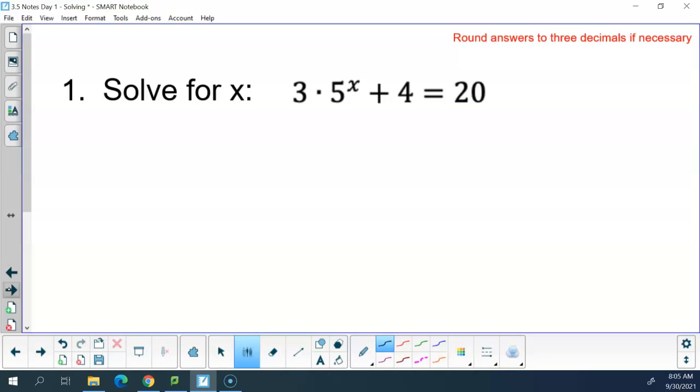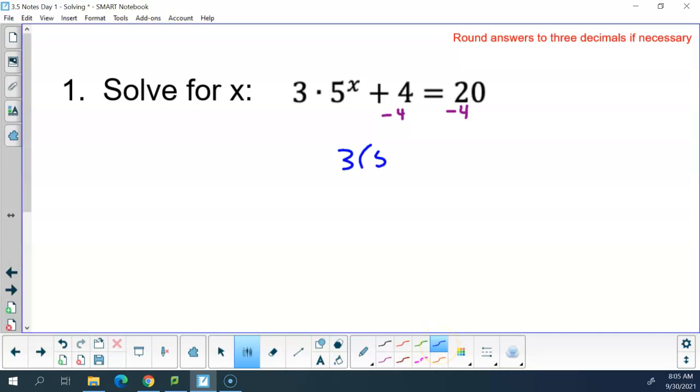Our variable is going to be located in the exponent or somewhere in a log, so we still need to isolate that variable. First I'm going to subtract 4 from both sides.